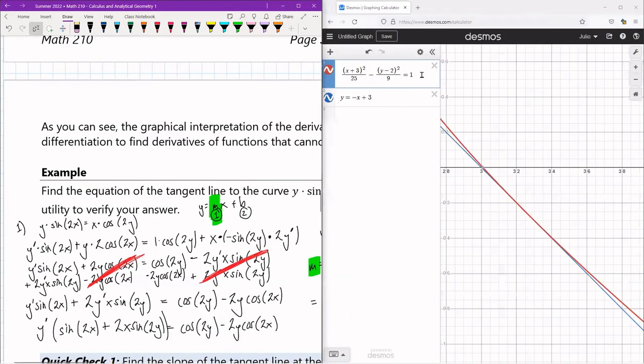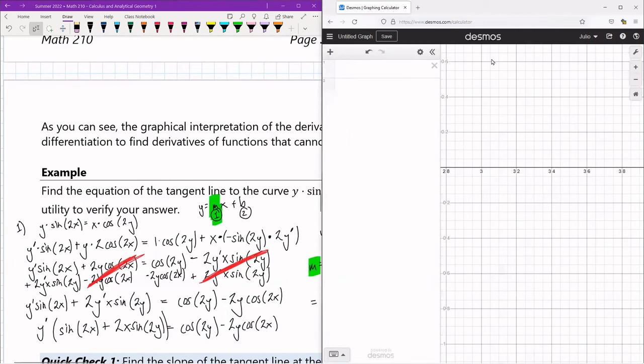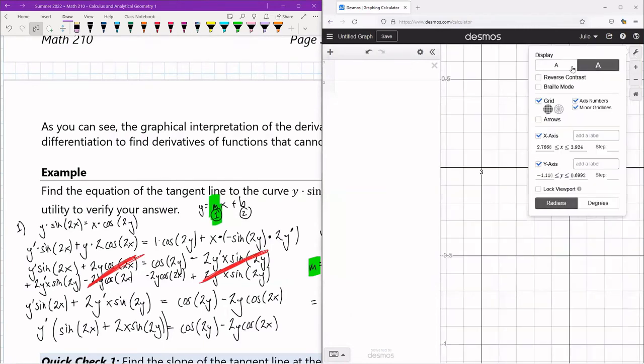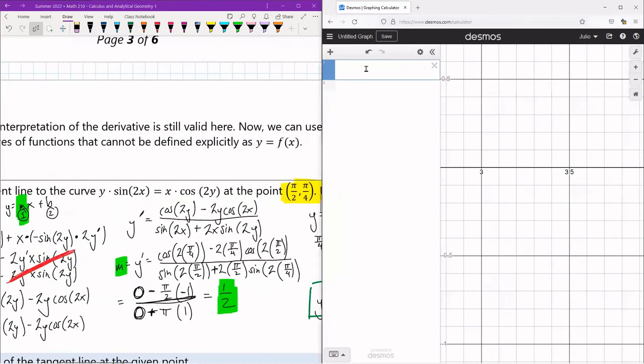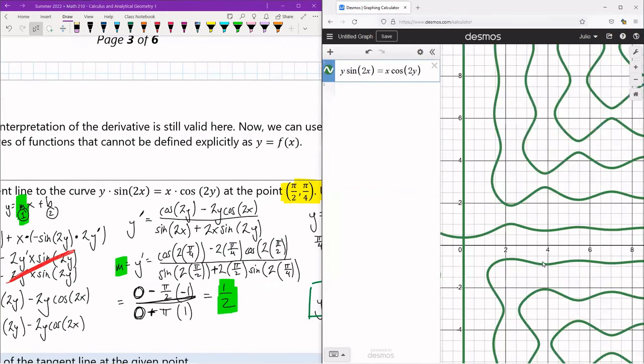So let's go ahead and go back here. I'm going to get rid of that and get rid of that. I'm going to make this a little more. There we go. So our function was y times sine 2x is equal to x cosine of 2y. Let me zoom out so you guys can see what this thing looks like.